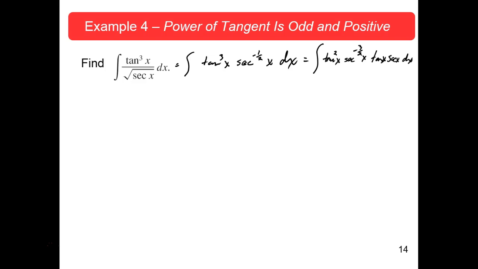Okay. Now, this is a d secant, right? That's in secants. You just need to get the tangent in terms of secant. And what would that be? Tangent squared in terms of secant squared.